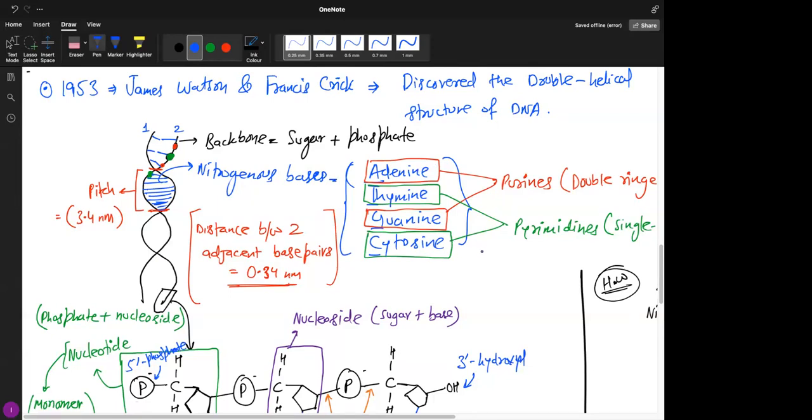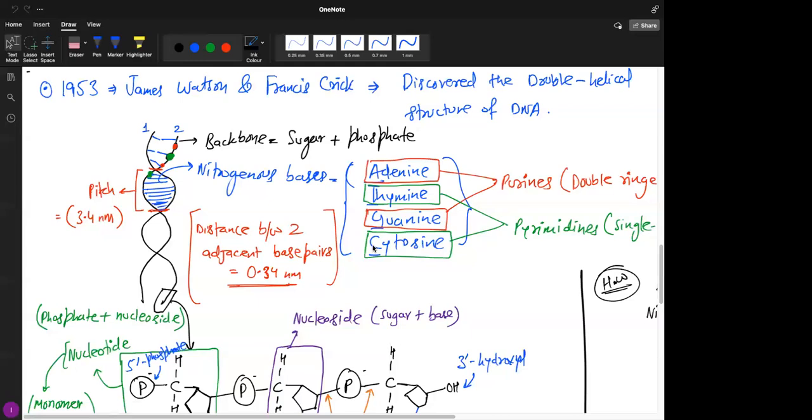Because here also the law is still followed. One purine, which is adenine, is coming against another pyrimidine, which is cytosine. So do you think it can happen? What do you think? Come on.